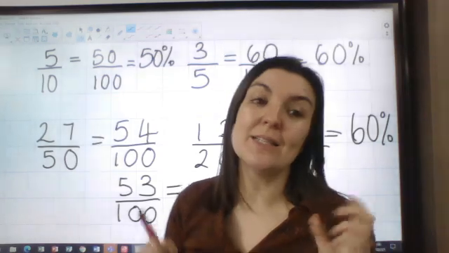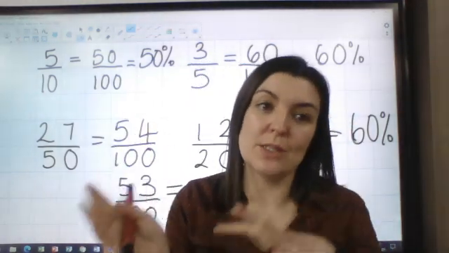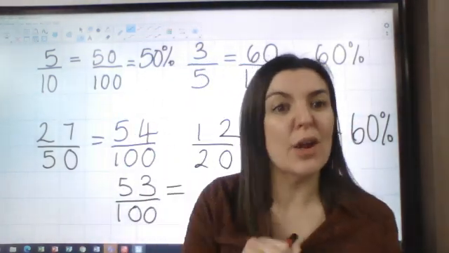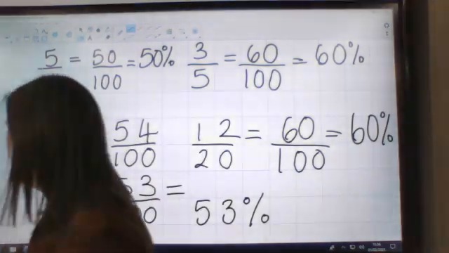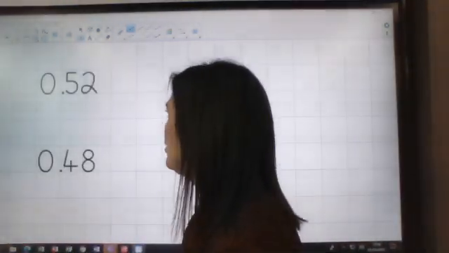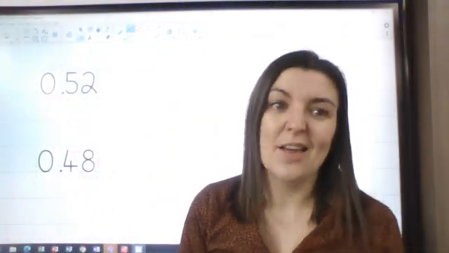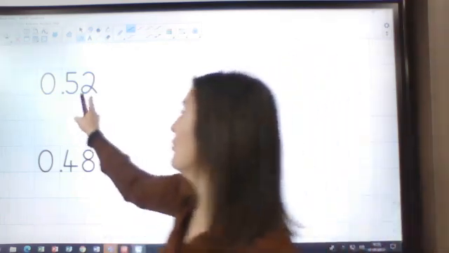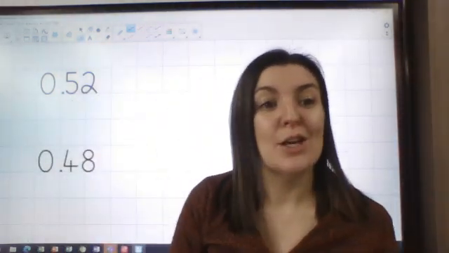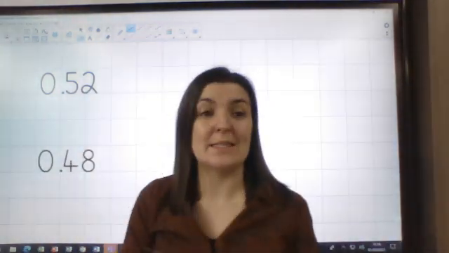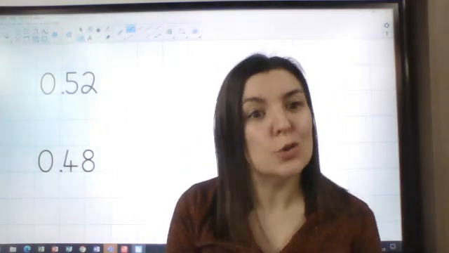Okay? So that is how you do your fractions into a percentage. So I'm going to go through decimals next, because you've also got to do some decimals as percentages. Now, the decimal ones are really easy, especially as you've got 2 decimal places. So if you've got 2 decimal places, that already shows that it's hundredths.